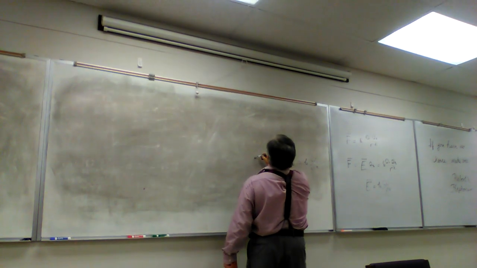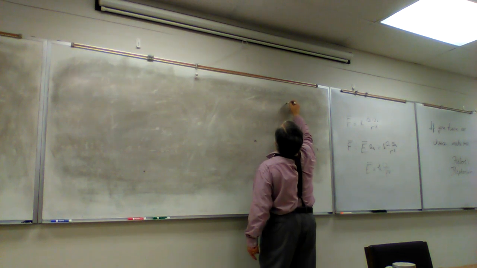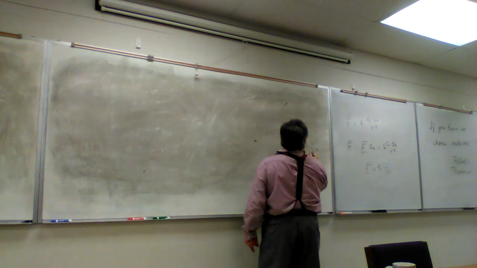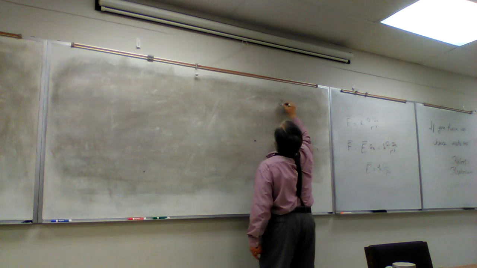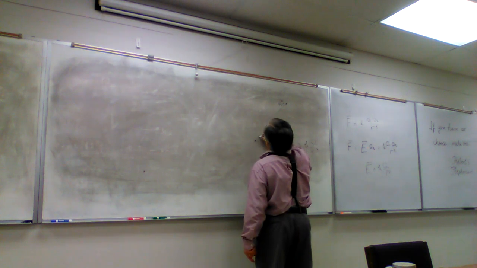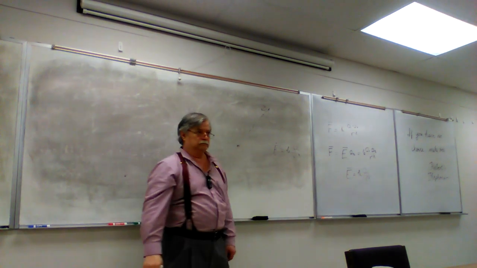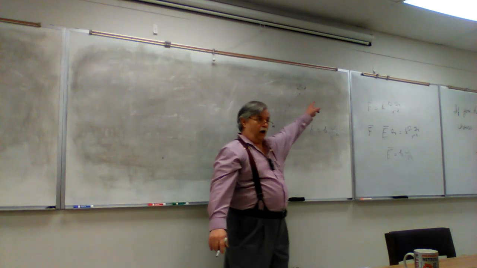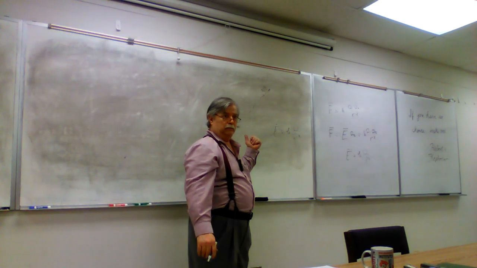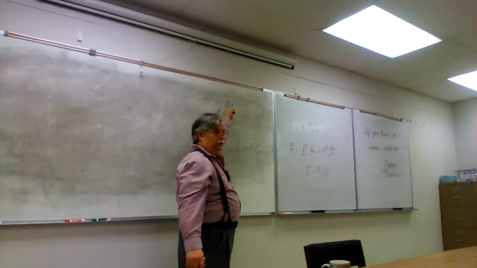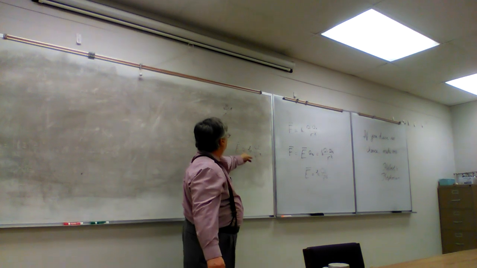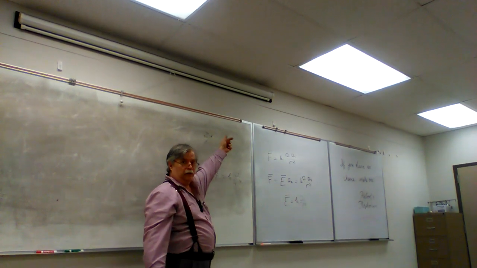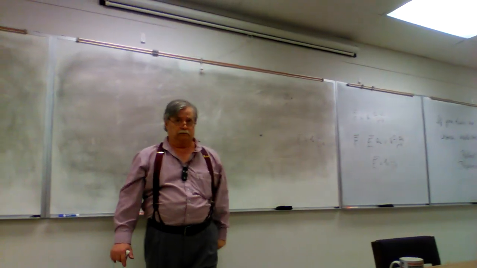It's going to be pointed directly away from Q1 in that direction, and its magnitude will be K times Q1 over R squared, where that is R. You go to that position R away from Q. That's the magnitude of the electric field at that point. And its direction is pointing radially outward from Q.